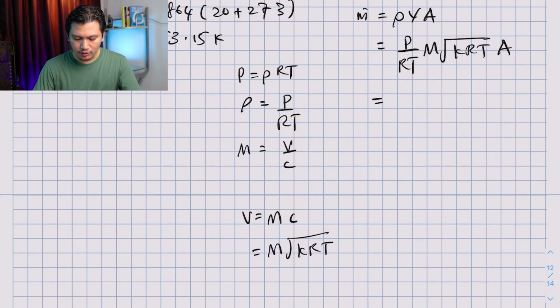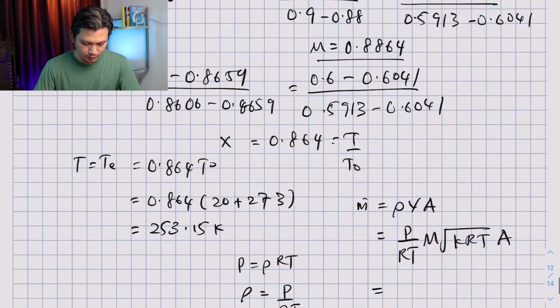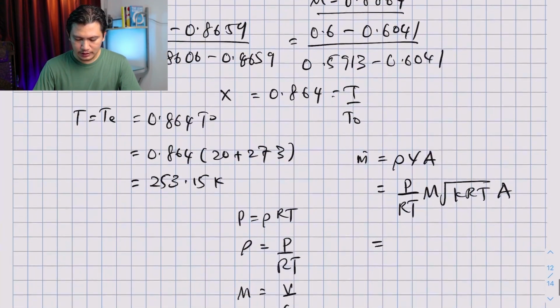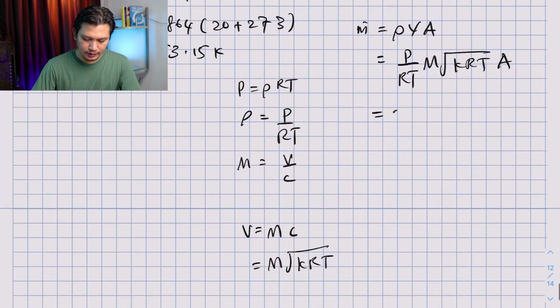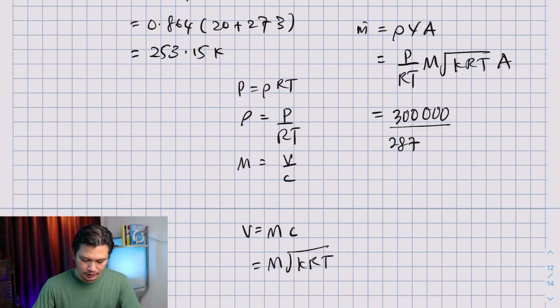And if I plug in all the values, now we have P. P is 300 kilopascal, so that's 300,000 pascal, divided by RT. R is 287. Our new T is 253.15.